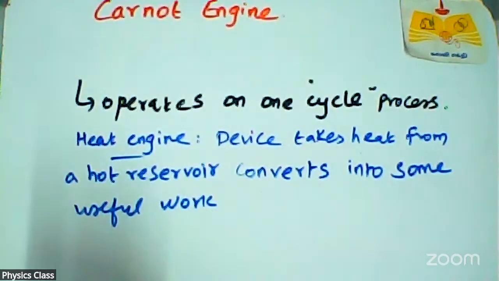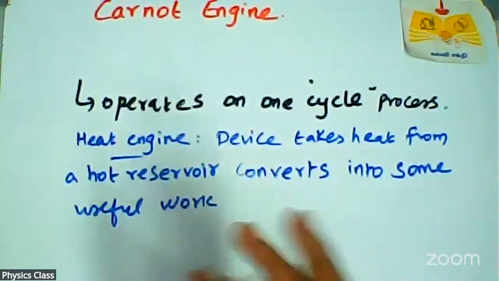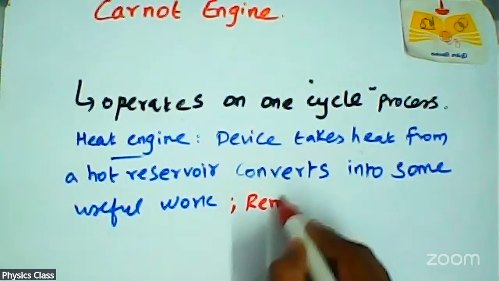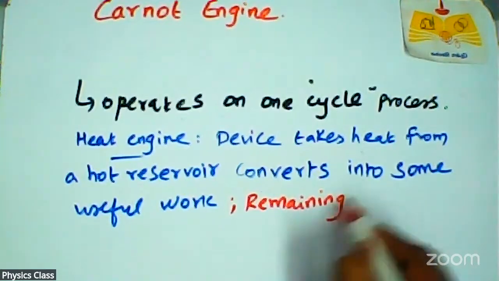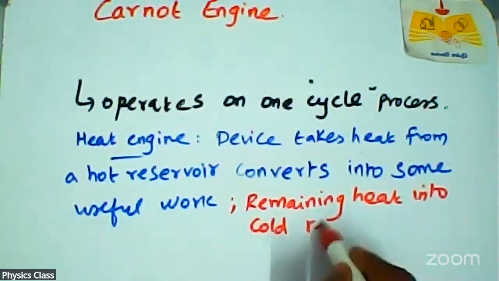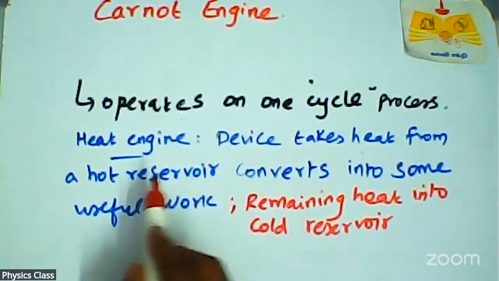It converts only, for example, 60 percent of that input heat, and 40 percent of that heat leaves the system as waste. The remaining heat goes into the cold reservoir, which is opposite to the hot reservoir.